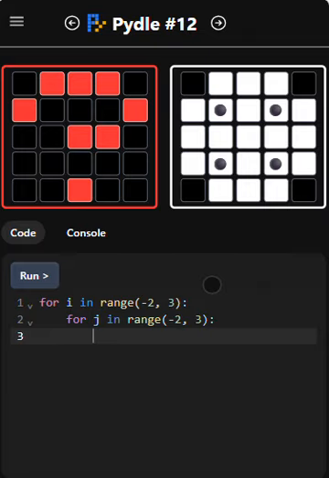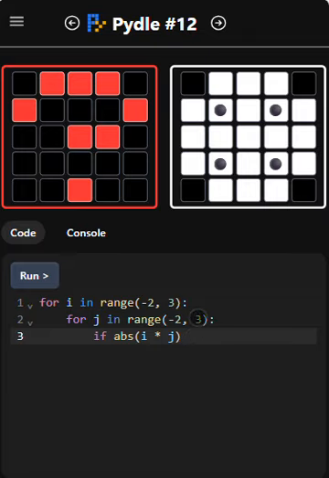So the condition is if abs, which is the absolute value of i times j, because we're using Cartesian coordinate systems, so that in the corners i times j absolute value equals 4, and on the dots i times j will equal 1, the absolute value.